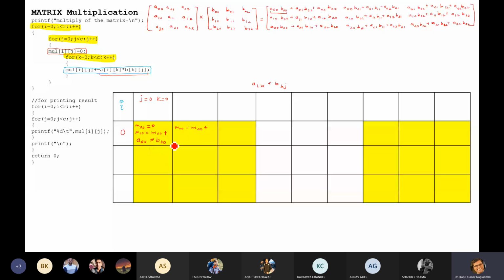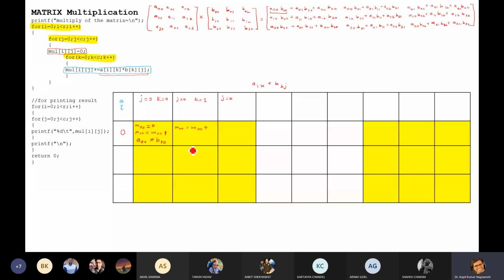Now this whole term is added together and the new M00 will be coming, and the value of j is still 0, but the value of k is incremented by 1 here.